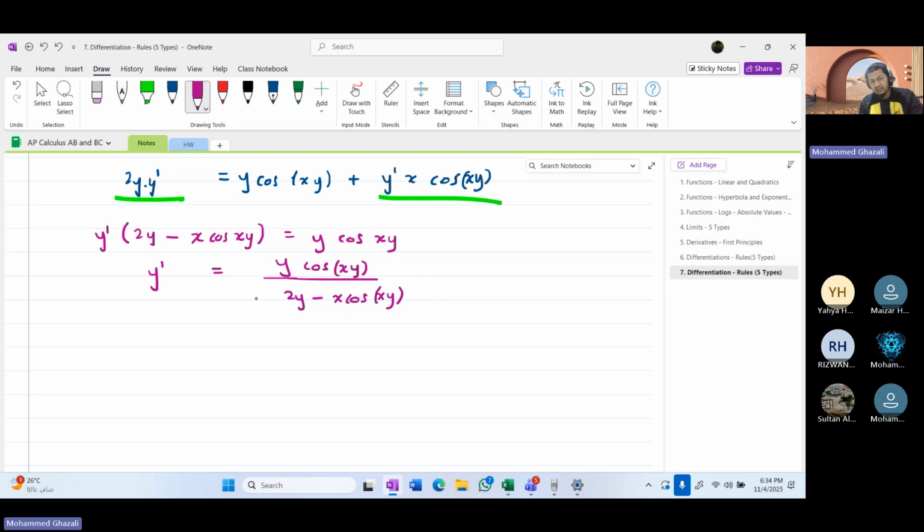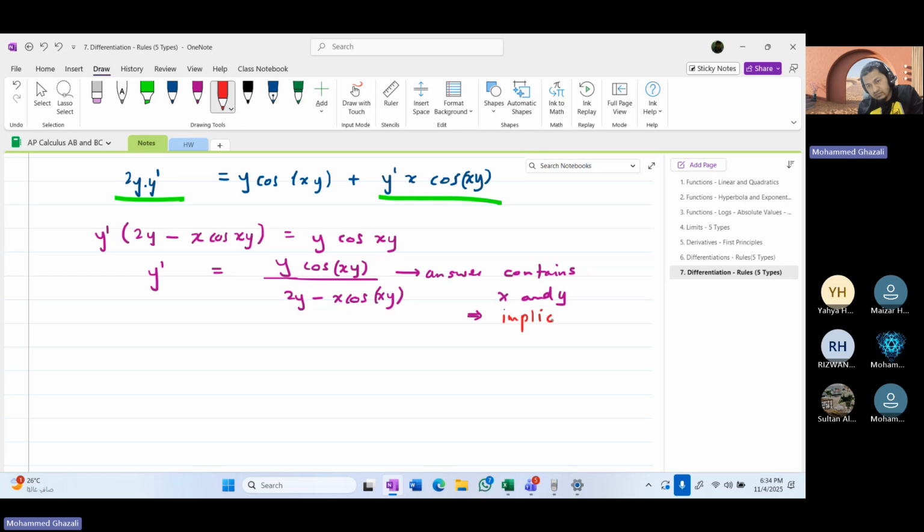The reason why it's called implicit is that your answer contains x and y. If you look at all the previous derivatives that we did prior to this, it was all explicit differentiation. This is now implicit because the answer contains x and y.